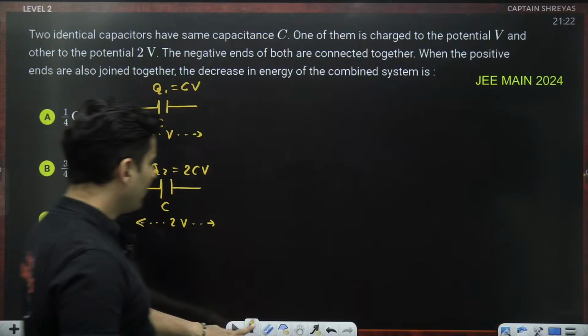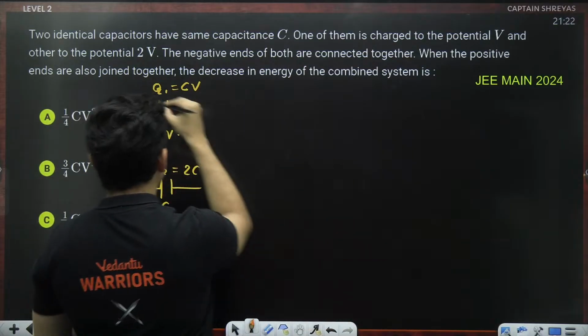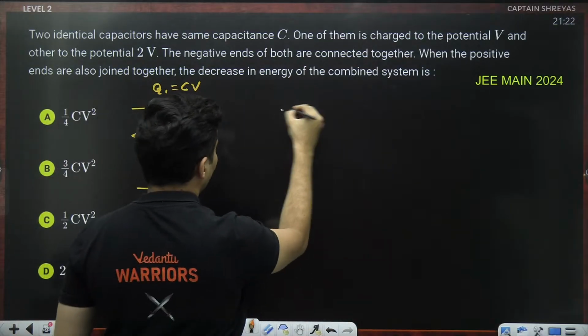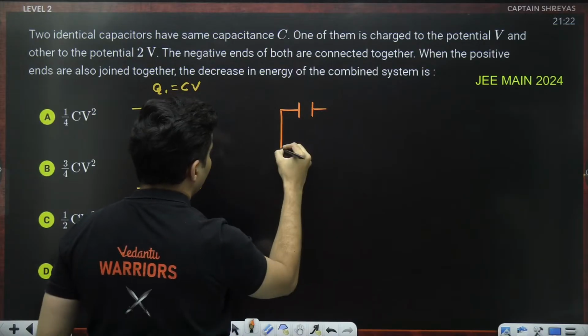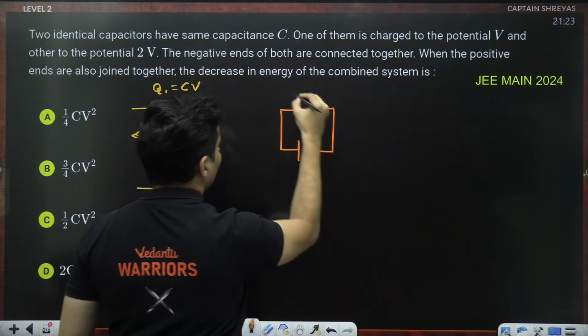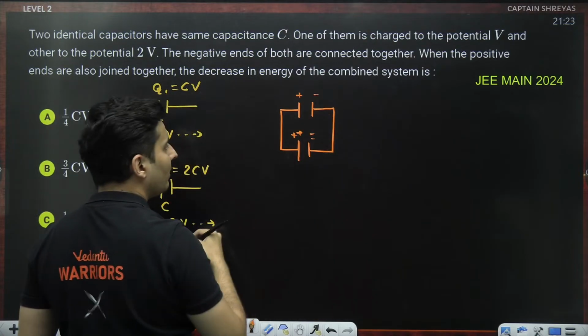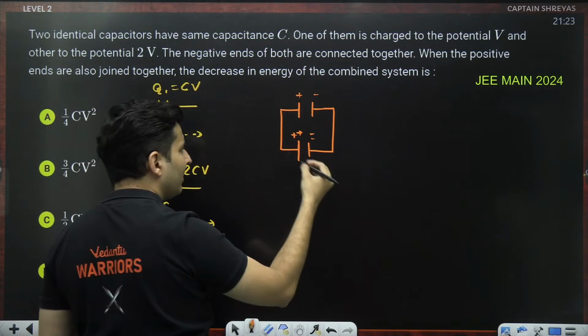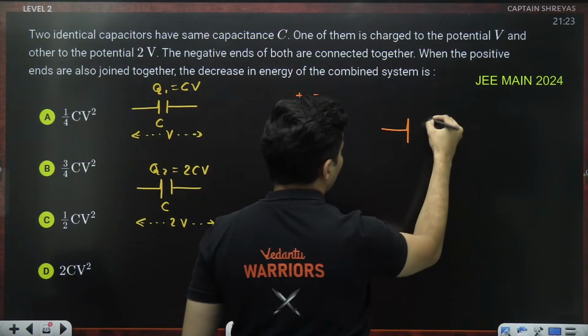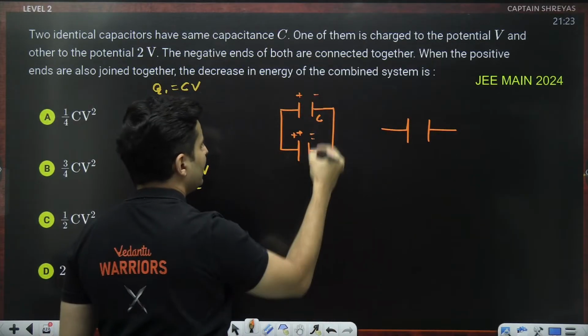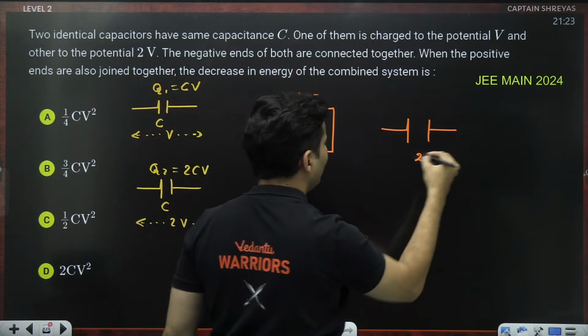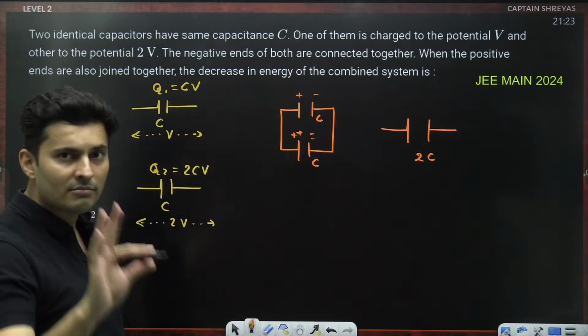Okay. Now what you do is basically you are connecting positive to positive, negative to negative. Both these capacitors are in parallel. So why not look at it as one single capacitor? This is C, parallel capacitances will add, so it will become 2C, right?